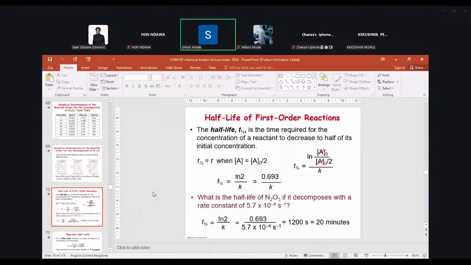The next thing I want us to look at is the half-life. Each order of reaction has its own formula for the half-life. The half-life is the time it takes for the initial concentration to decrease by half. Sometimes you might need to use the half-life to also know the order of the reaction.